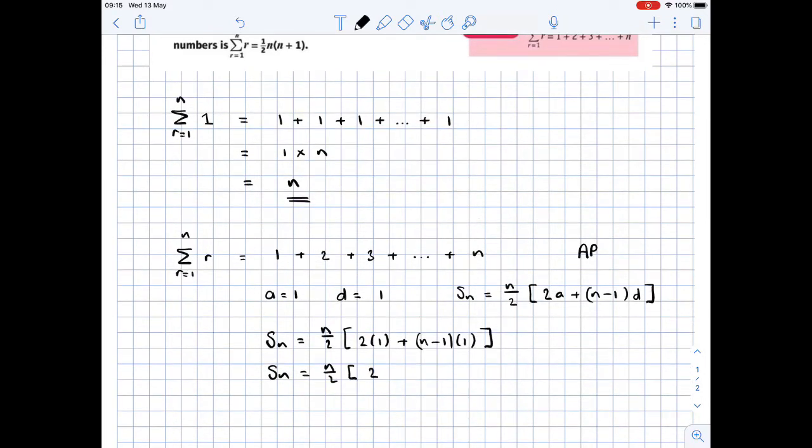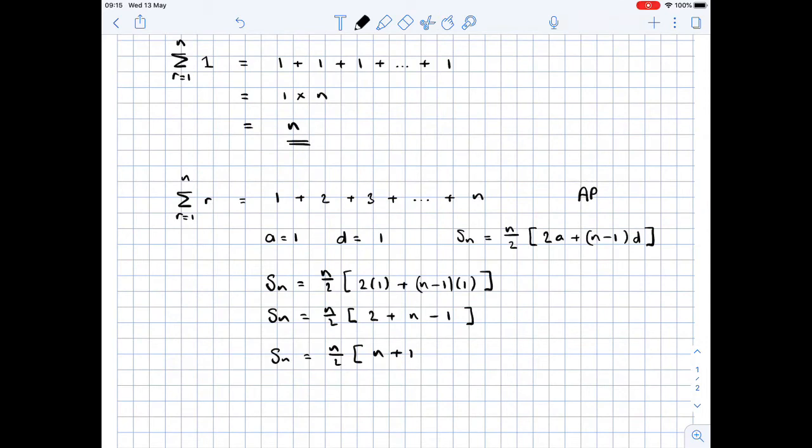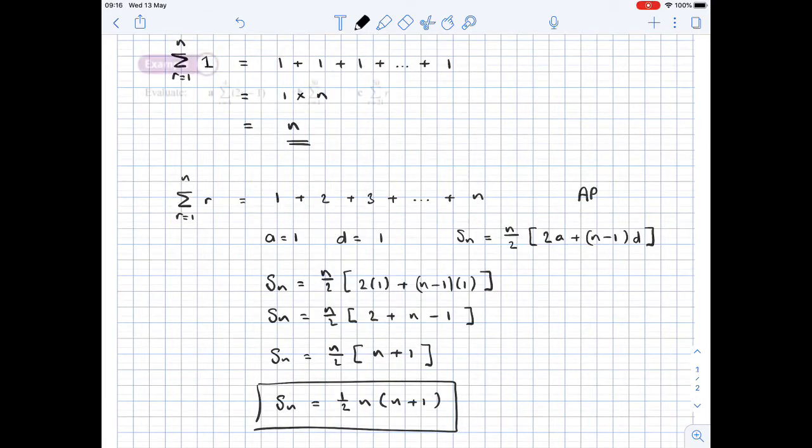Simplifying inside, we have 2 plus n minus 1, and simplifying again, n over 2 inside the bracket n plus 1. And you will quite often then see this written in the following way: a half times n plus 1. So if we want to find the sum of the first n natural numbers, we can just use this formula.